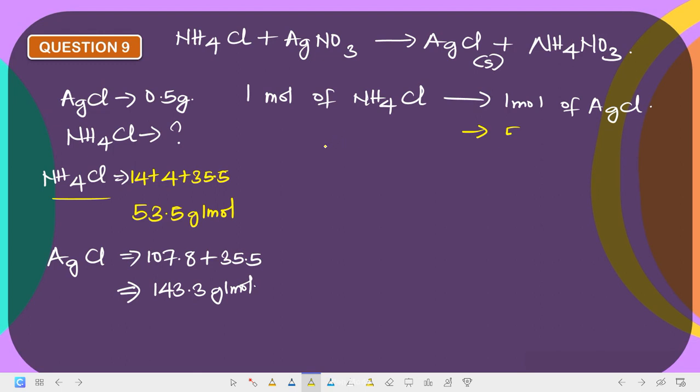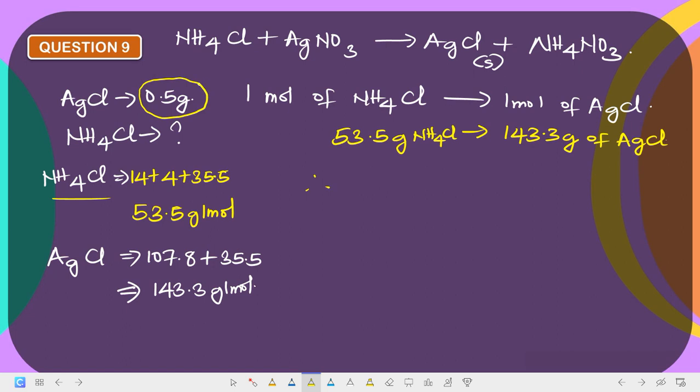So you say 53.5 gram of ammonium chloride gives 143.3 gram of silver chloride. Therefore, the amount of silver chloride from the experiment was given. That was the amount precipitated out. So we now say 0.5 gram of silver chloride would be equal to what? X.